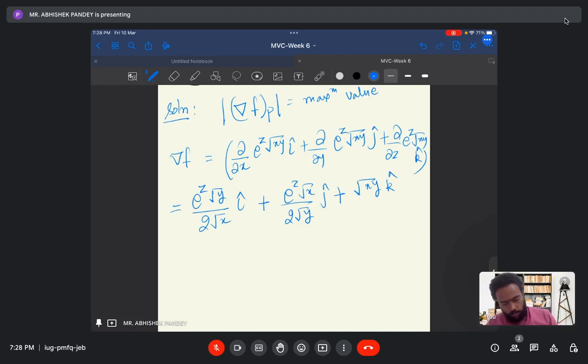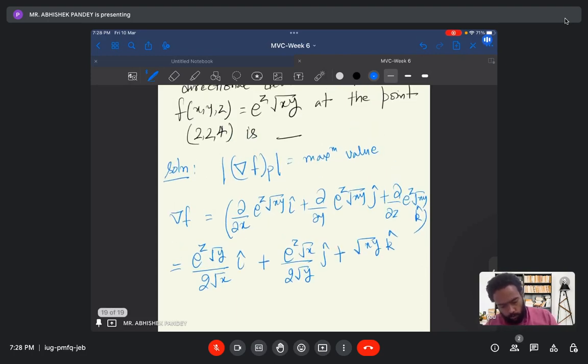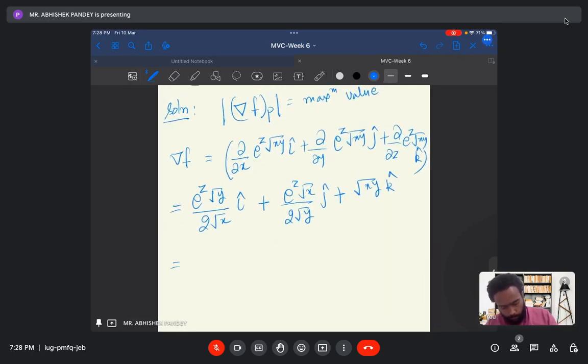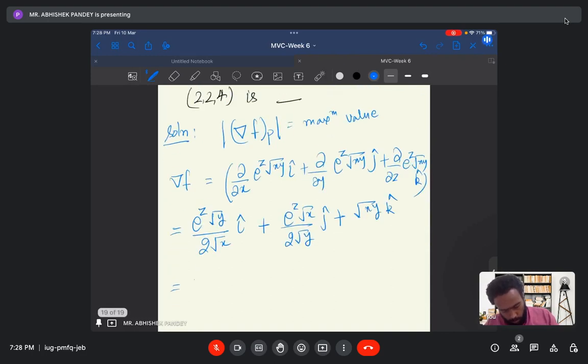Okay, so this we need to find at the point 2 to 4. So at the point 2 to 4 it is e to the power 4 root over 2 by 2 root over 2 plus e to the power 4 root over 2 by 2 root over 2 plus root over 4.